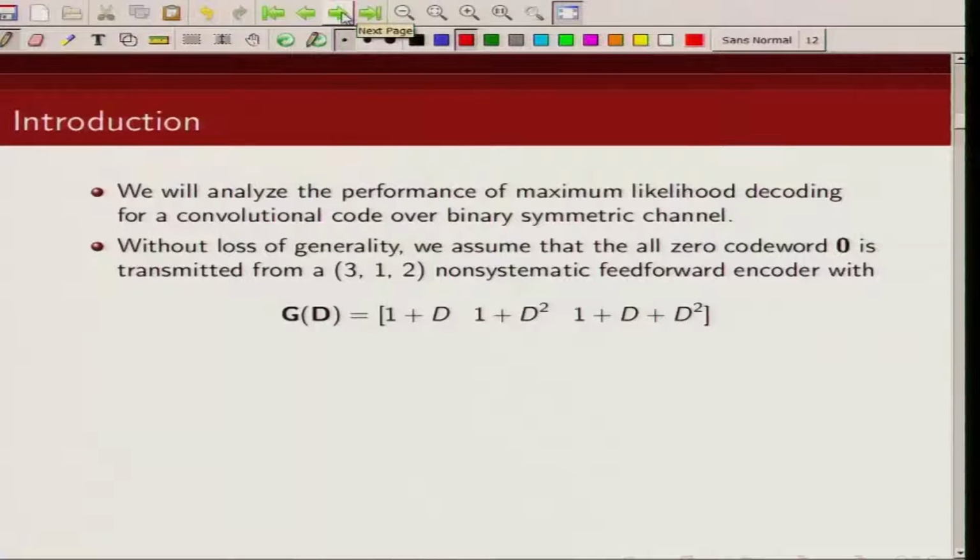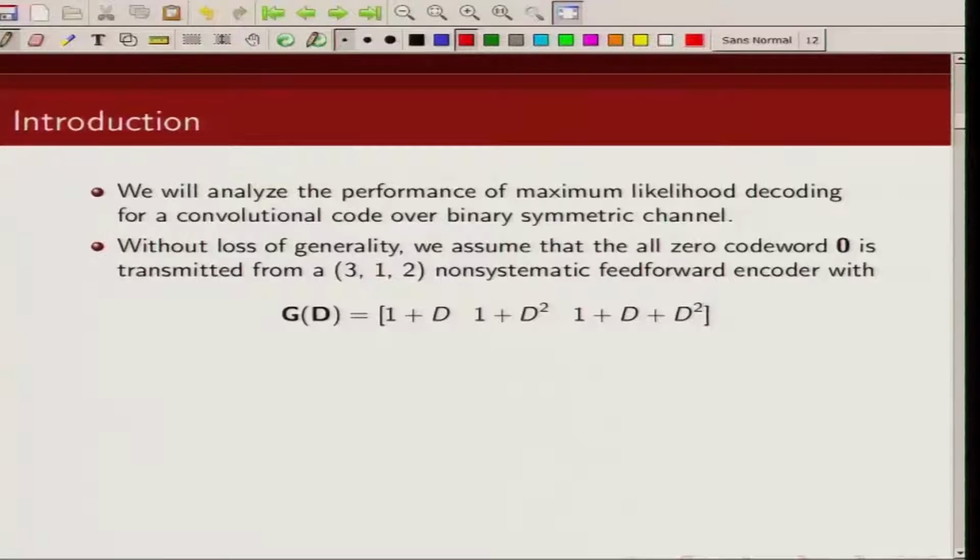So, as an example, we will consider one particular convolutional code. In this case, we are considering a rate 1 by 3 convolutional code, which has memory 2. So, it is a 4 state convolutional code whose generator matrix is given by this. These are my generators: 1 plus D, 1 plus D square, 1 plus D square.